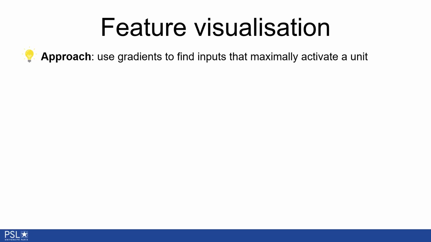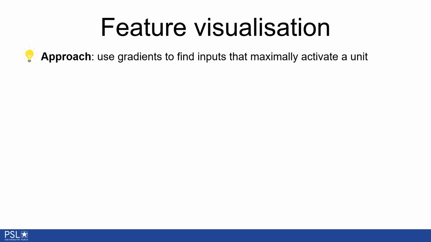But how are these images generated? I haven't told you this so far, so let's go into the details. The core of this approach is based on optimizing inputs that activate specific neurons. This optimization is done by using the automatic differentiation properties of neural networks that I have described a couple of slides back.